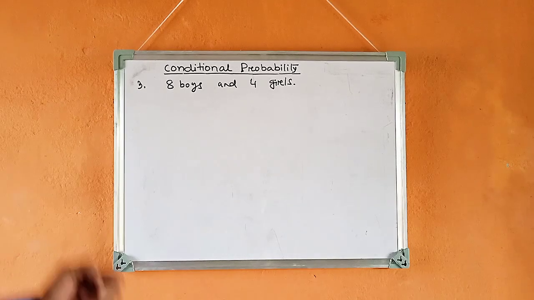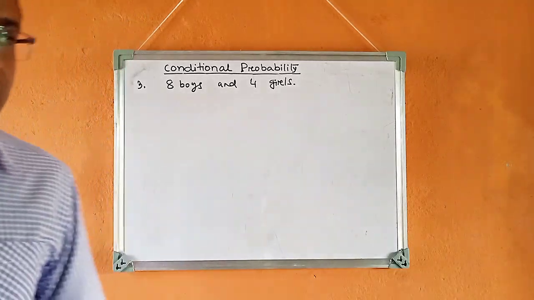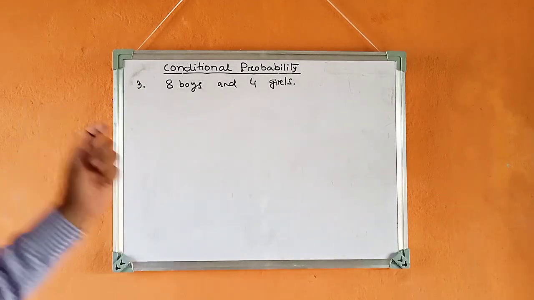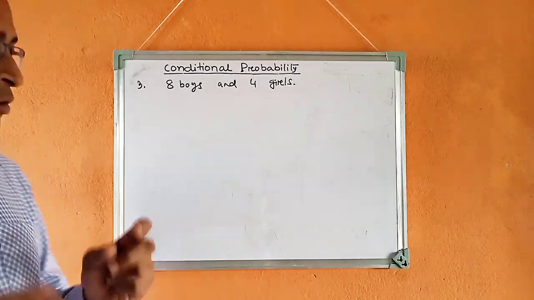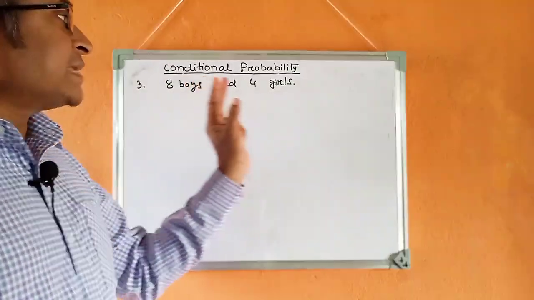The condition is already given: at least one girl is included in the committee. So 4 candidates are selected to form a committee out of 8 boys and 4 girls.